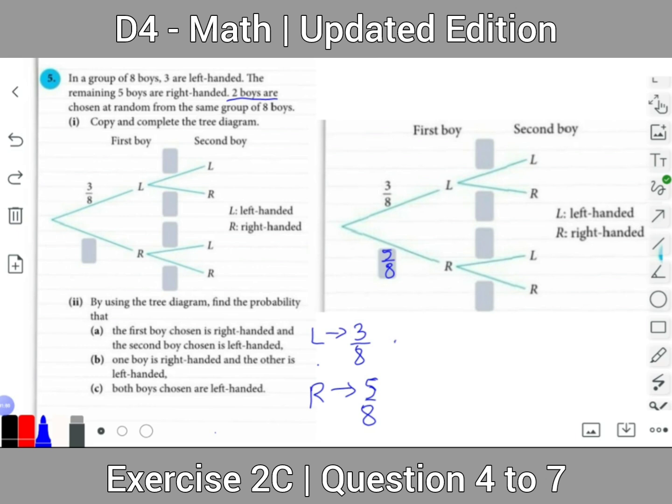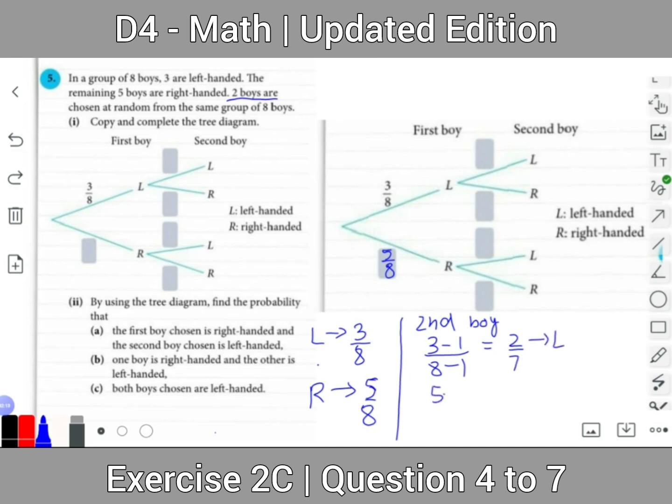So we have already chosen one boy, so we will take away 1 from the numerator and denominator. So 3 minus 1 over 8 minus 1 will be equal to 2 over 7, and that is for left-handed.